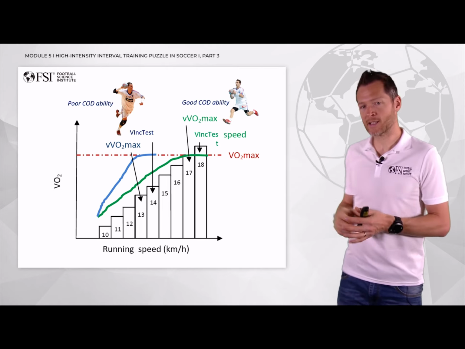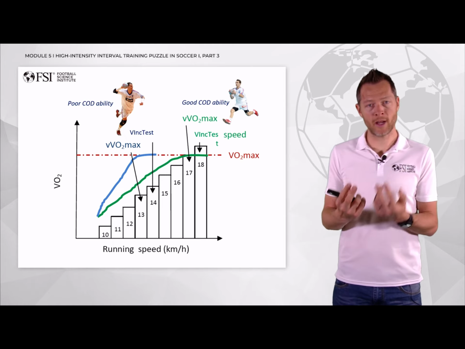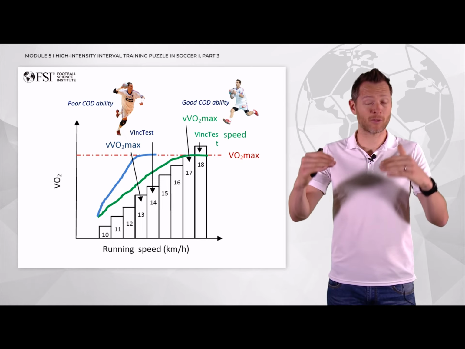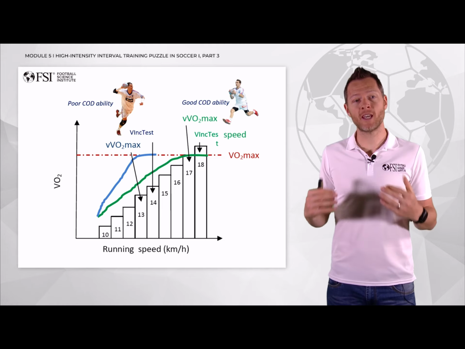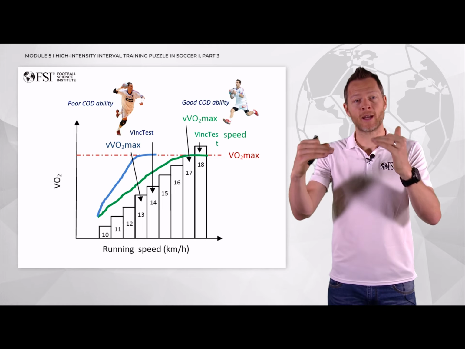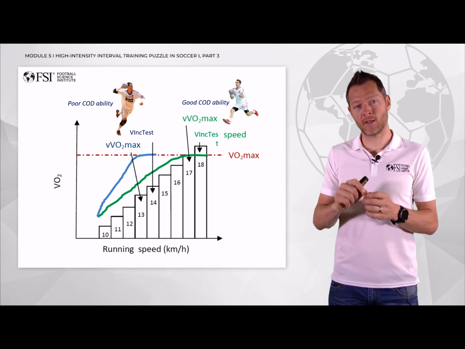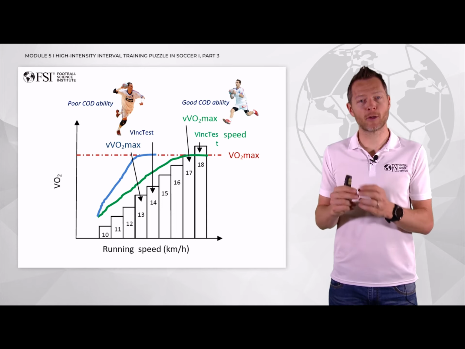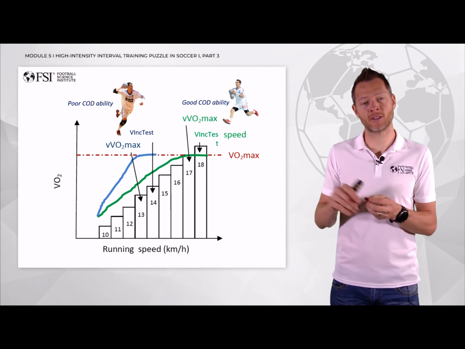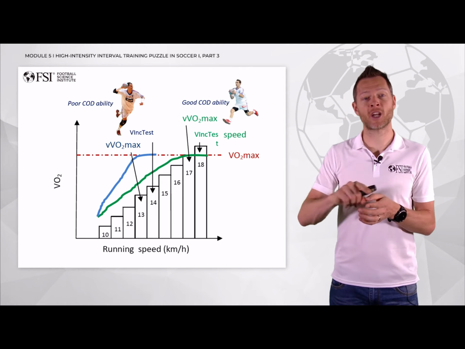In the example on that slide, you see how two players with the same VO2 max, so the same aerobic potential, can actually reach different speeds, different performance on the test, just because one will be more efficient than the other when turning and changing direction.